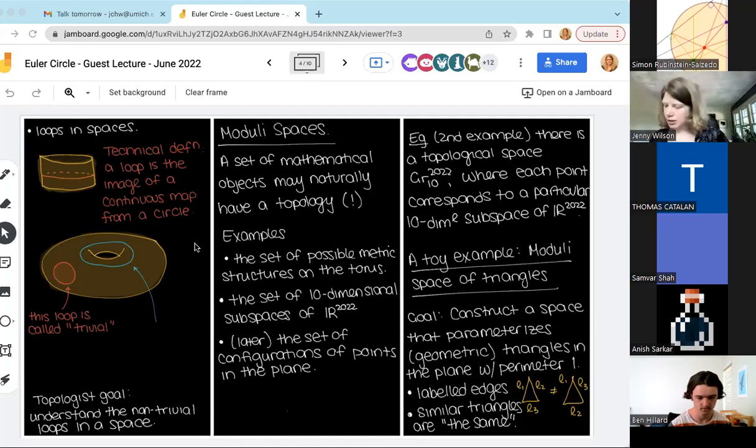And topologists make a distinction. Here I've drawn a picture of my torus, and I've drawn a blue loop and a red loop in the torus. A topologist would call this red loop a trivial loop in the torus, because it is the boundary of a disk in the torus.